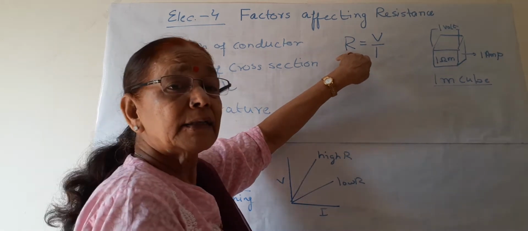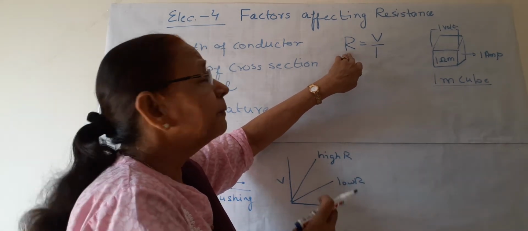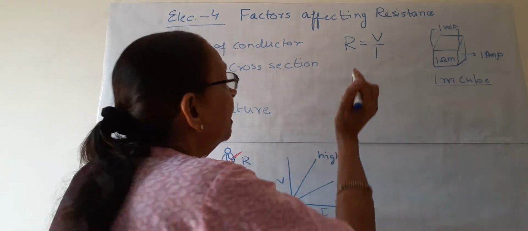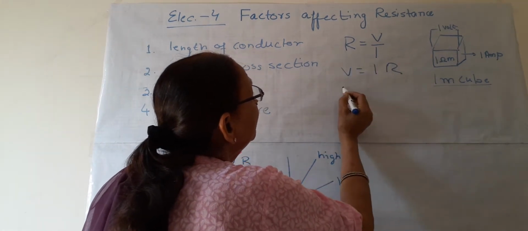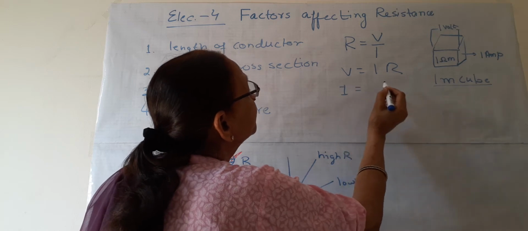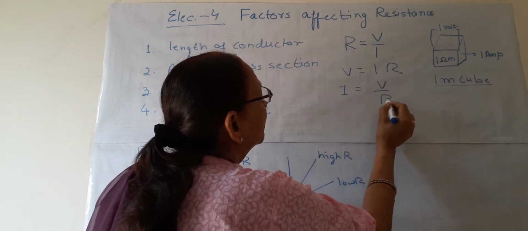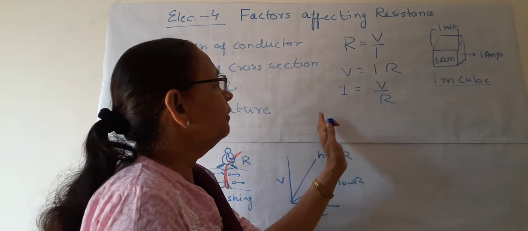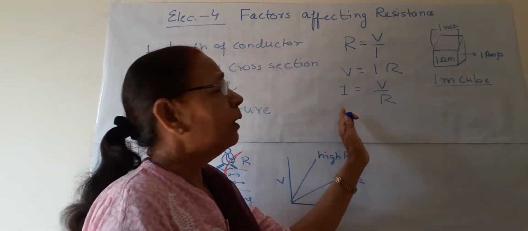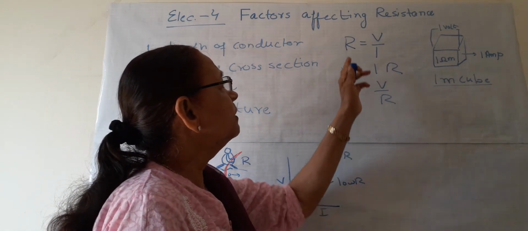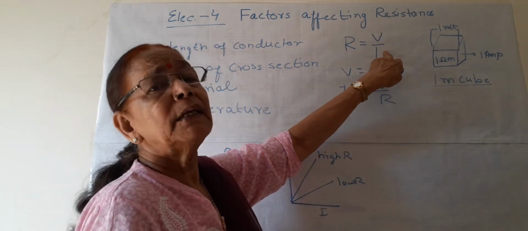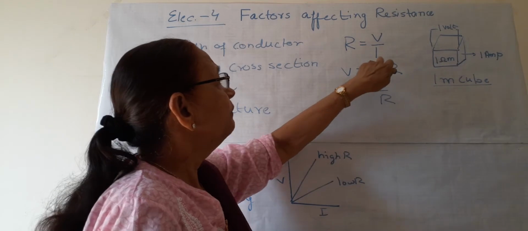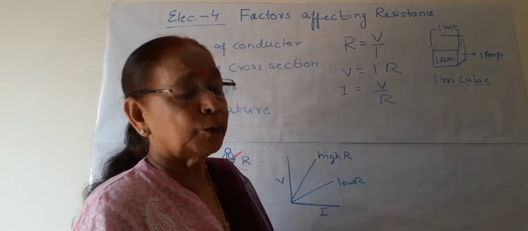This R is the resistance of the conductor. Now the second formula, V is equal to IR, and I is equal to V upon R. So these are the three formulae from Ohm's law, and we can calculate resistance of a conductor, its PD or its current. If two are given, the third can be calculated.